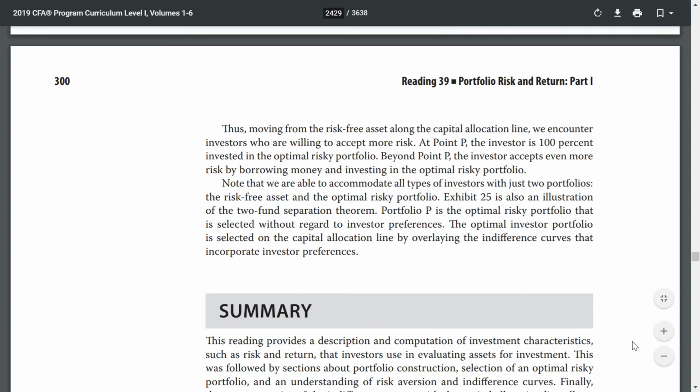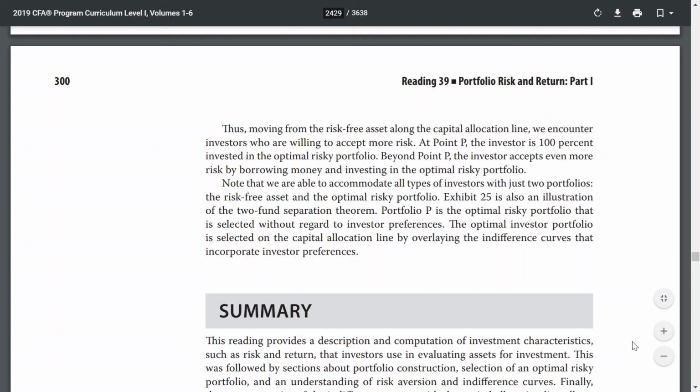The investor accepts even more risk by borrowing money and investing in the optimal risky portfolio. Note that we are able to accommodate all types of investors with just two portfolios: the risk-free asset and the optimal risky portfolio. Exhibit 25 is also an illustration of the two-fund separation theorem.